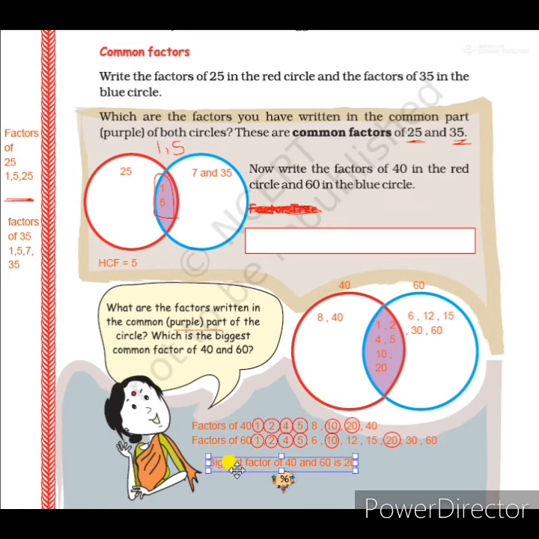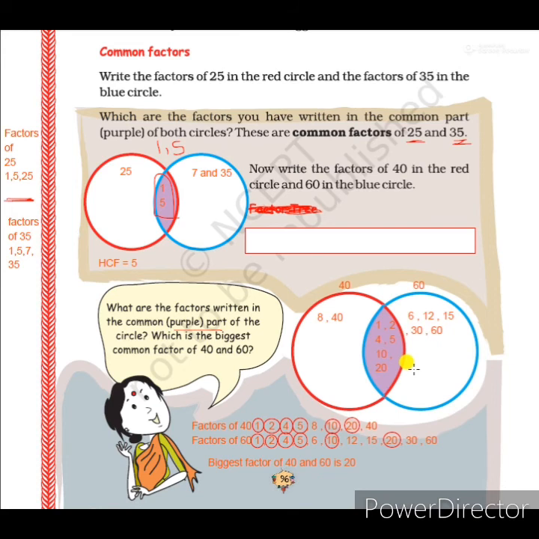These numbers we have to write in the purple part, so these numbers will be common to the red circle and the blue circle. And the remaining factors we write only in the red circle. What are the remaining numbers? 8 and 40. 8 and 40 are factors only of 40, and the separate factors of 60 are 6, 12, 15, 30 and 60. These are only the factors of 60.